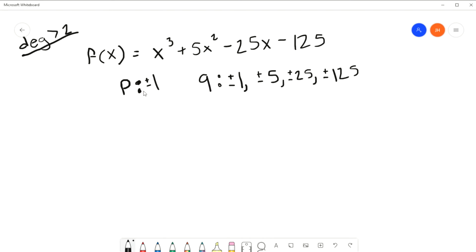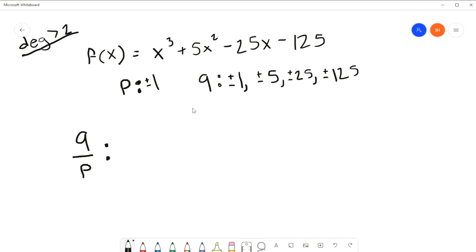The idea of rational zeros theorem is that if I take my Q values, the factors of that constant, and I put them all over my P factors, the factors of the leading coefficient, so I have Q divided by P, and I just generate a list of all the possible combinations.